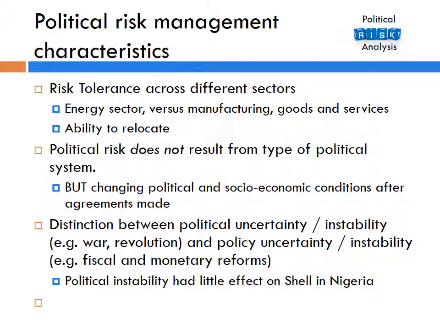For example, Shell in Nigeria operated in an environment of political instability, but this had little effect on Shell's operations. Actually, policy uncertainty benefited Shell, as Nigerian oil ministers were unable to be in power long enough to make and see through decisions, producing less interference for Shell.